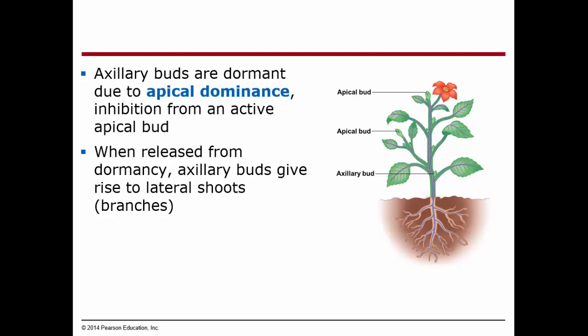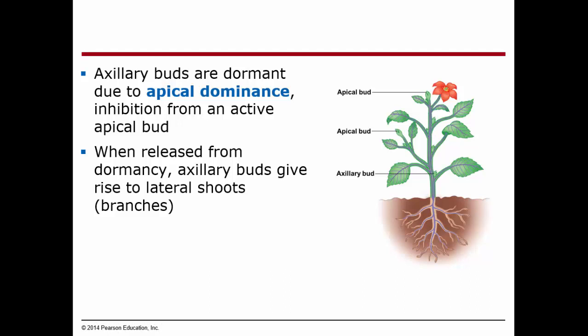Remember that plants have apical buds at the end of shoots and axillary buds off to the side. So we can see in this diagram there's only one apical bud at the end of each major branch. And these axillary buds are found at the nodes at the base of the junctions between the stem and the leaves.